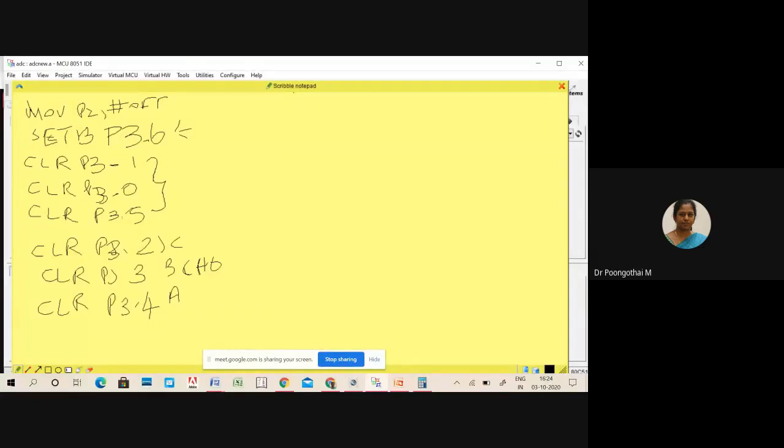What is the pin associated with ALE? P3.1, ma'am. Okay. Next, set bit P3.1 in order to generate your ALE signal to latch the channel address. And after that, you call delay.